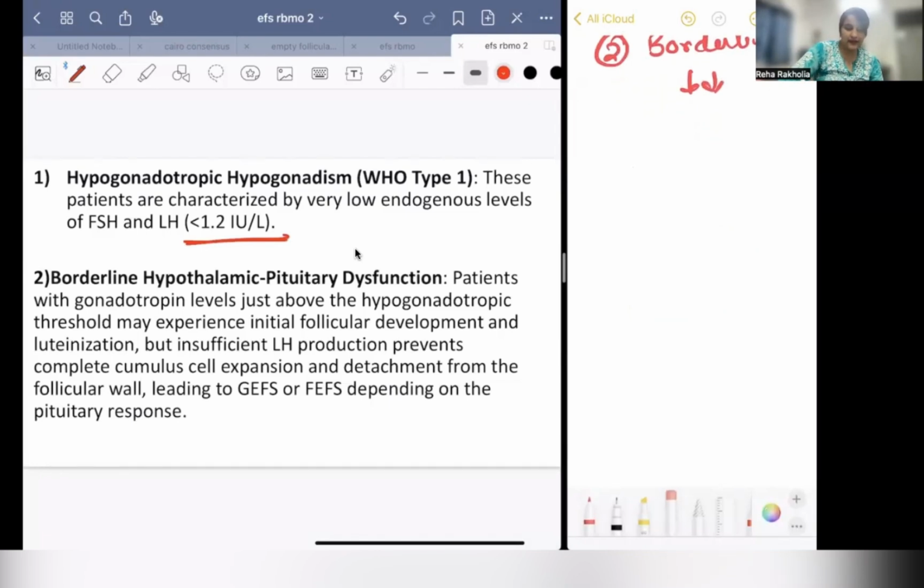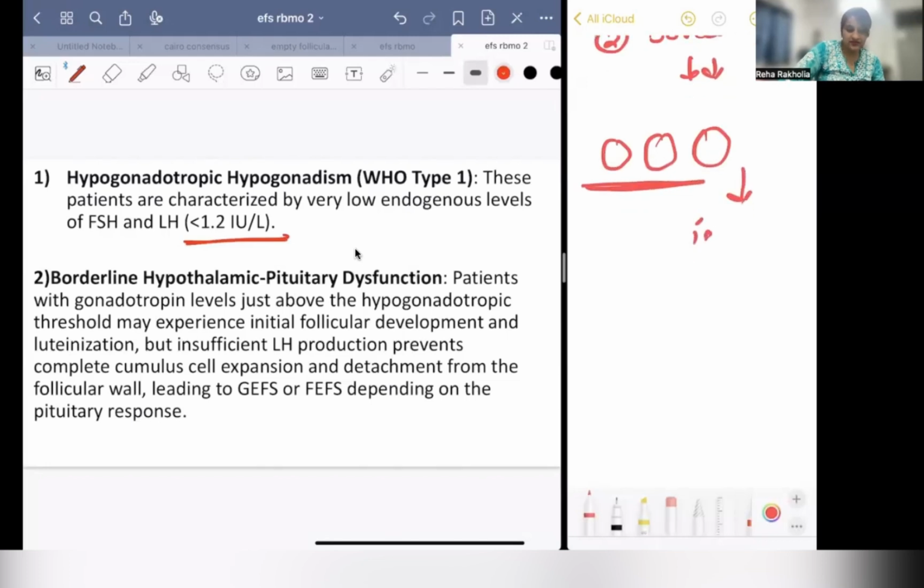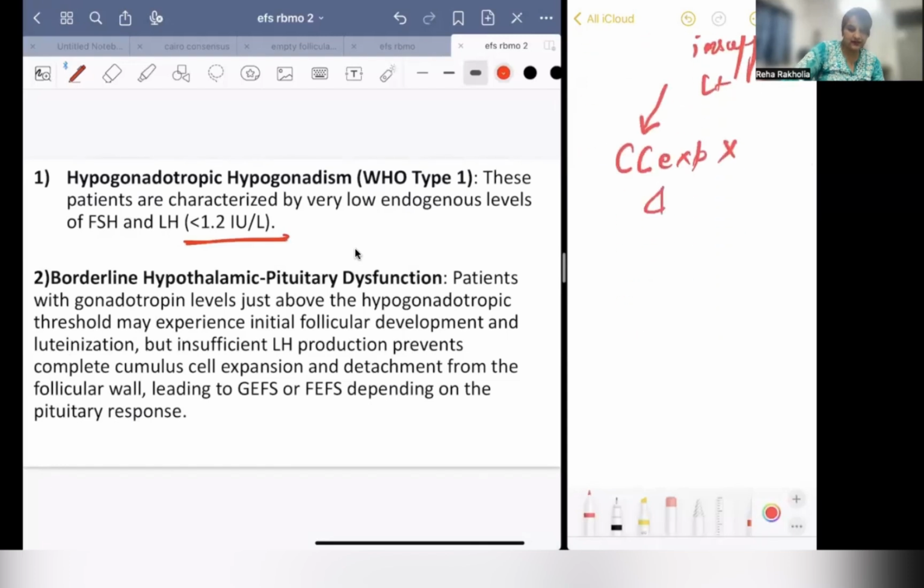So what will happen in this kind of patient? In this kind of patient, there will be initial follicular development, but later on there will be insufficient LH, so there won't be cumulus cell expansion, and detachment of the oocyte won't be there.